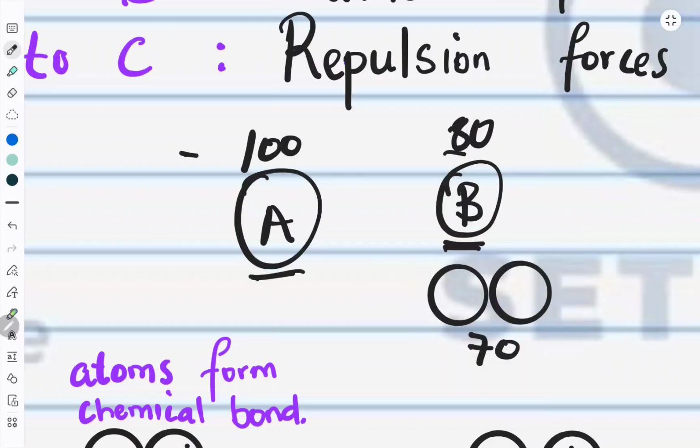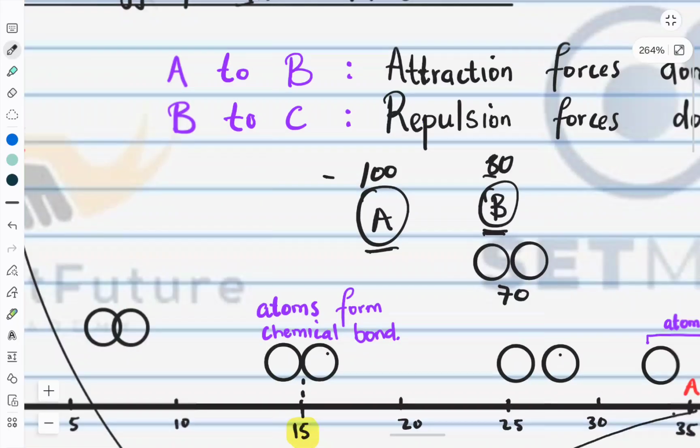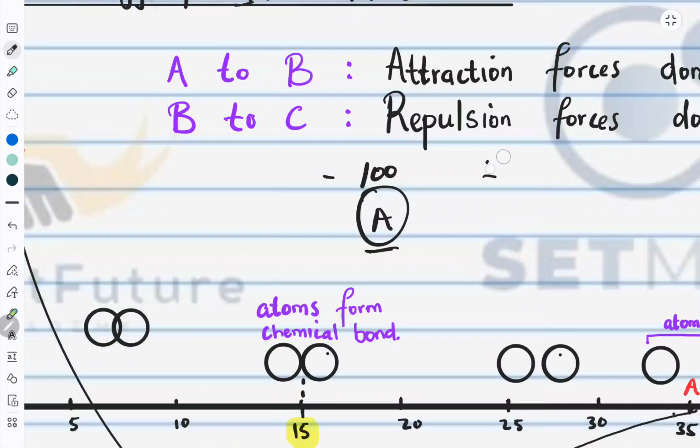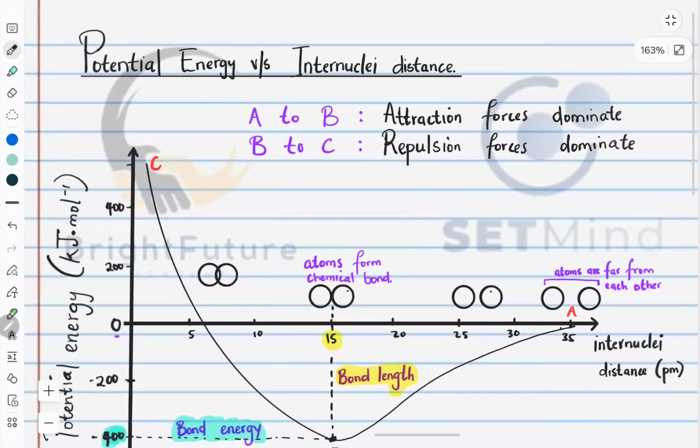That's what we mean when we say that for the atoms to form a bond, the potential energy of the atoms combined is less than the sum of the individual potential energies. That's another thing you must note. So let us continue.